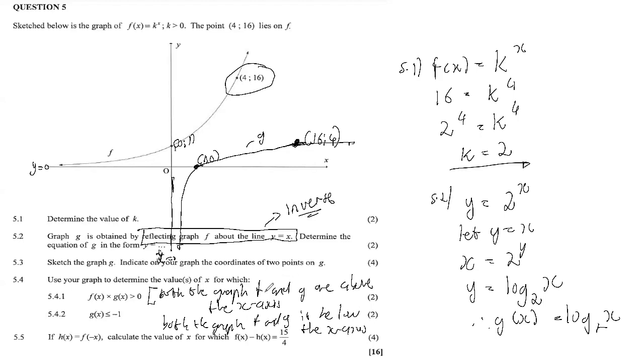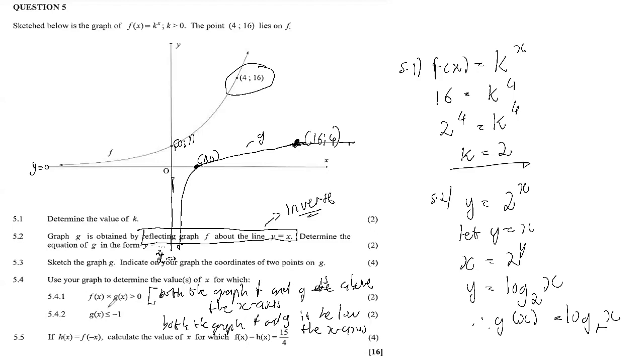So where both the graph of f and g is above the x-axis, or both the graph of f and g is below the x-axis. So basically that's how we're gonna get a positive there. Remember, greater than 0 means positive.